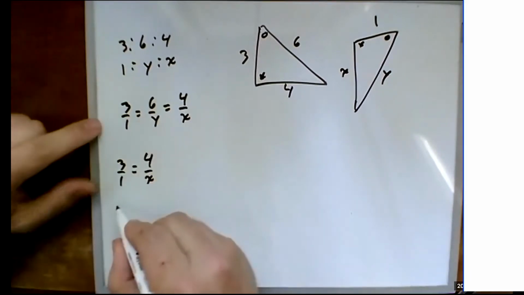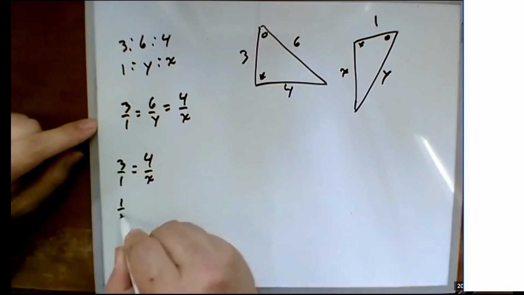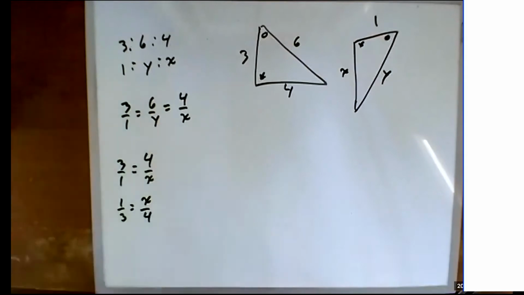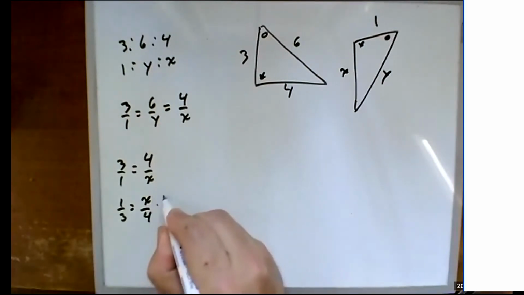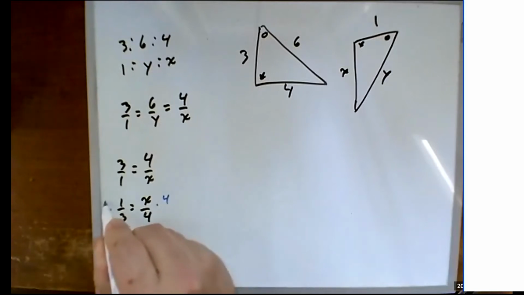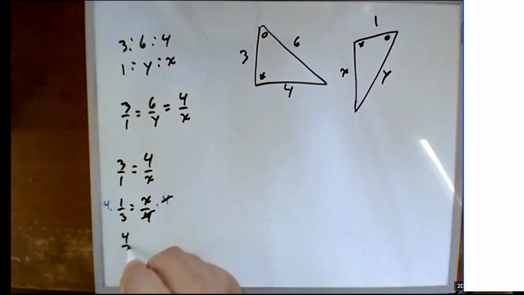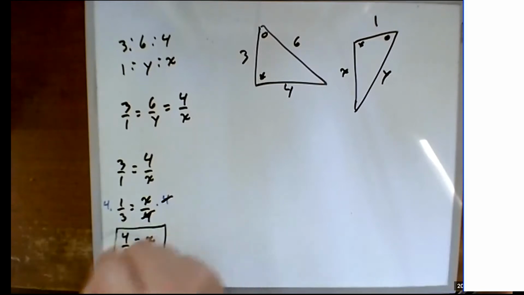I'm going to make my life easier and flip these over. So I'm going to get 1 over 3 is x over 4. We multiply by 4 on both sides. And it tells us that 4/3 is equal to x.